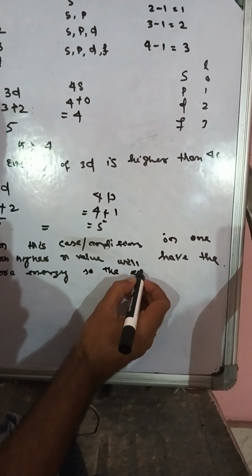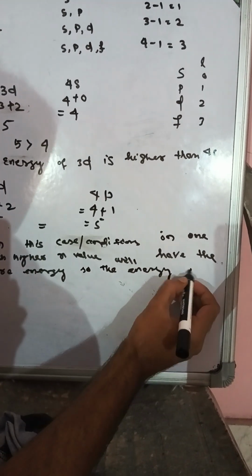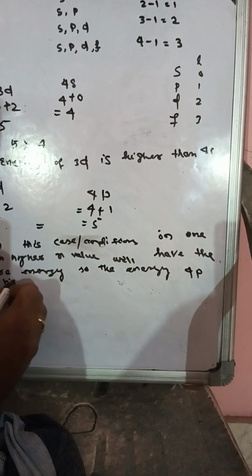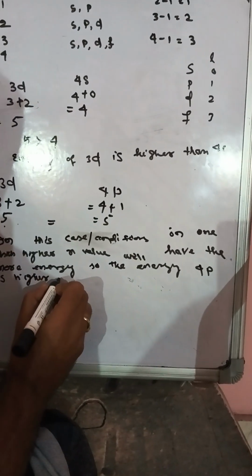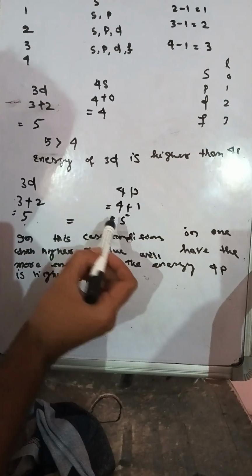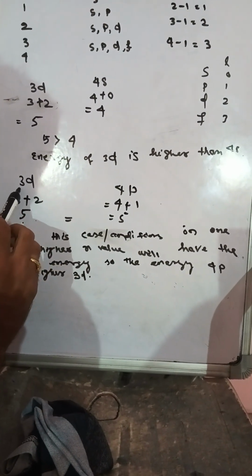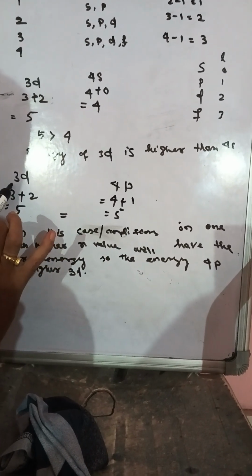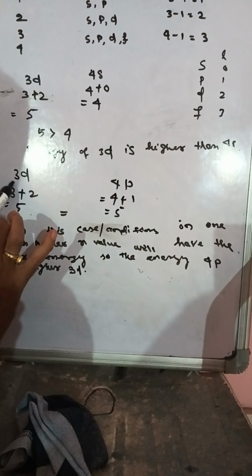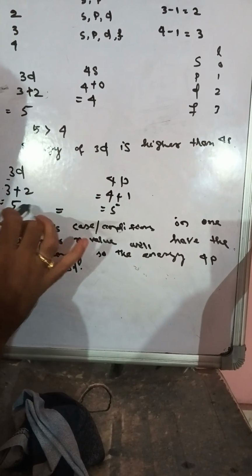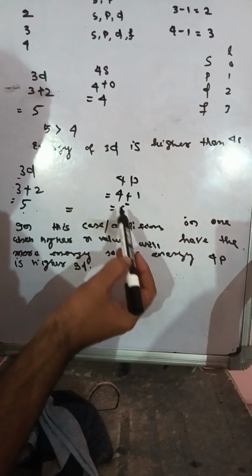So the energy of 4p is higher than 3d. Electrons enter the orbital which has lowest energy first. So 4p is higher than 3d.